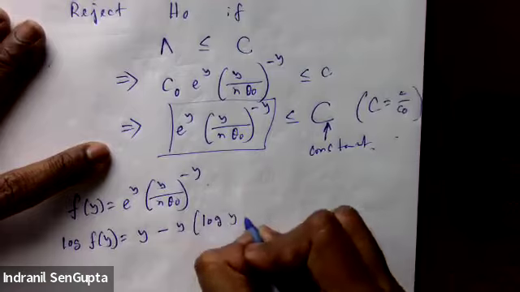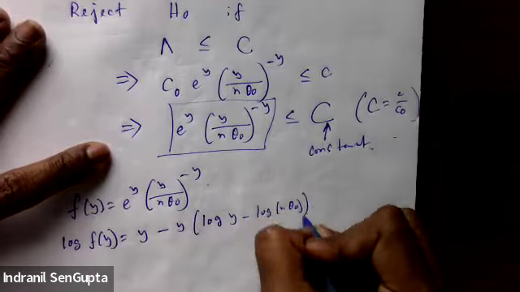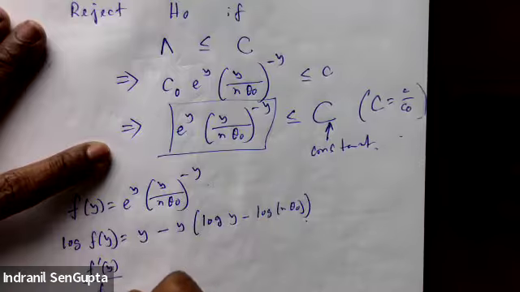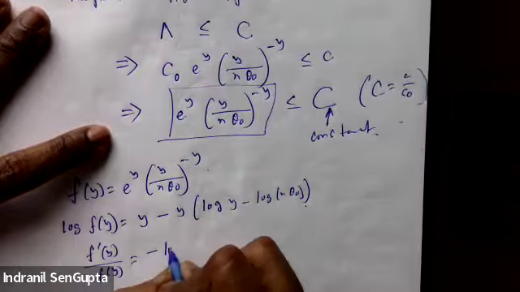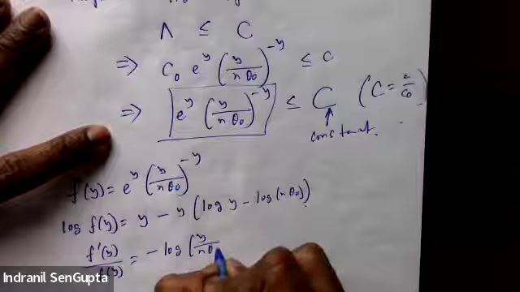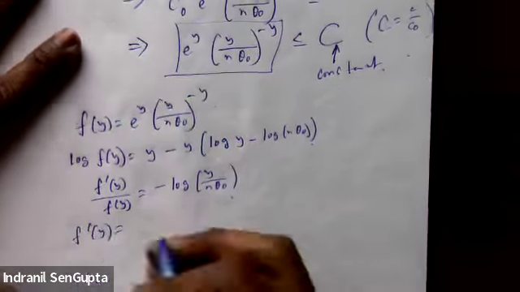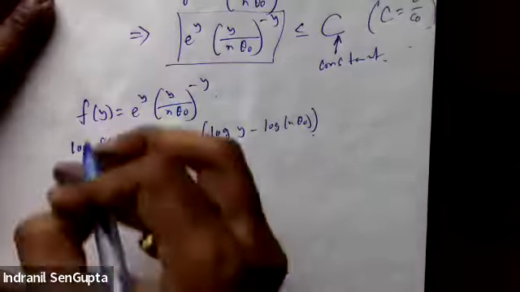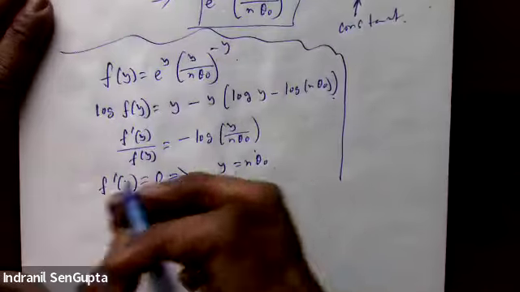It's going to be y minus y log of y over n theta 0, and then differentiate this. So you get f prime(y) over f(y), which you can check is going to be minus log of y over n theta 0. So f prime(y) equals 0 really means y equals n theta 0. It's a calculus computation.